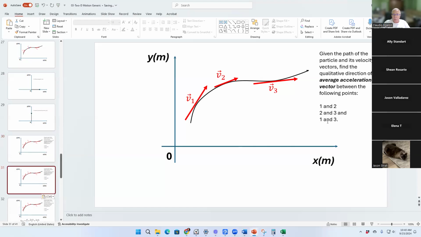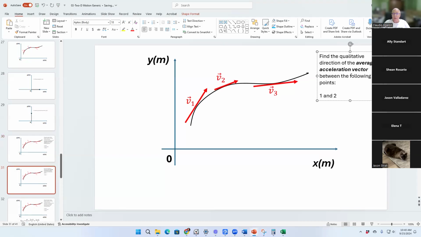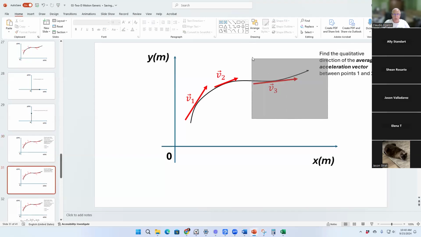Let's do points 1 and 2 first. Find the qualitative direction of the average acceleration vector between points 1 and 2. I'm going to erase this one here.